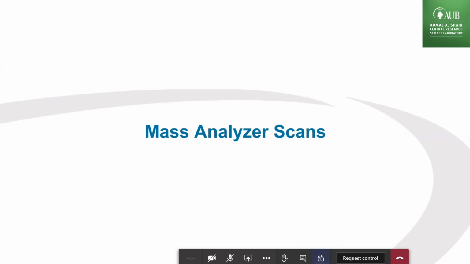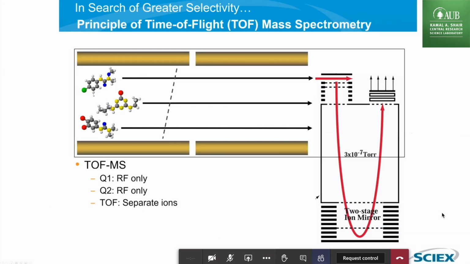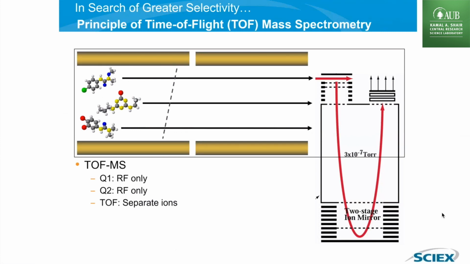Now, in a QTOF instrument, QTOF means quadrupole time of flight. In a QTOF instrument, there are only 2 scans that you can make.